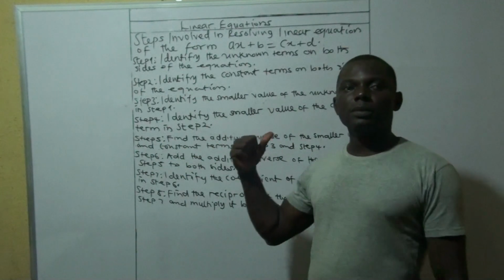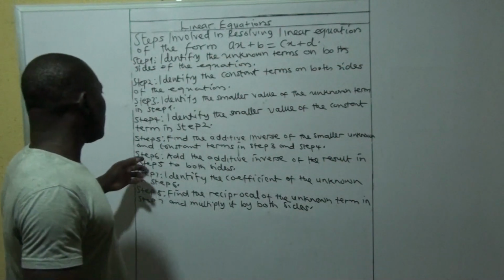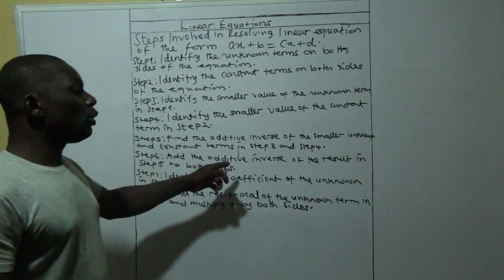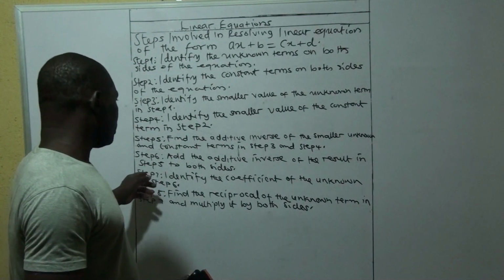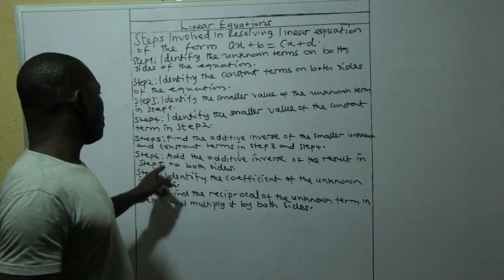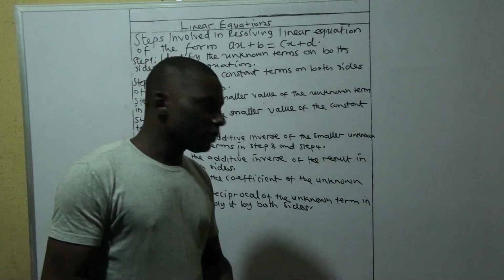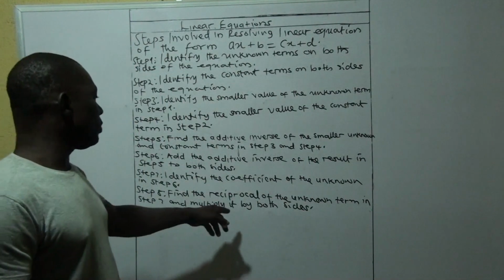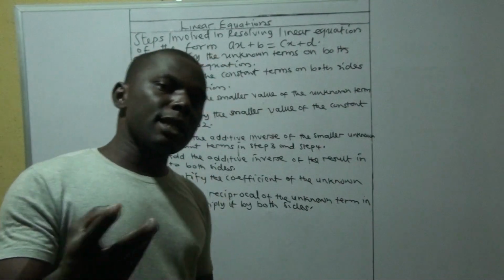Then you add the additive inverse of the result in step 5 to both sides. Step 7, identify the coefficient of the unknown term in step 6. Then finally, find the reciprocal of the unknown term in step 7 and multiply it by both sides. These are the 8 steps that you need to follow.